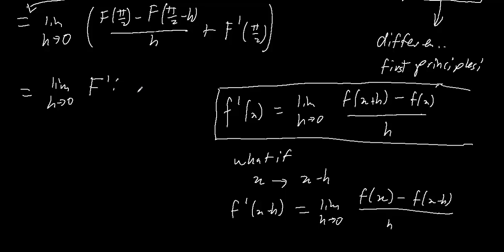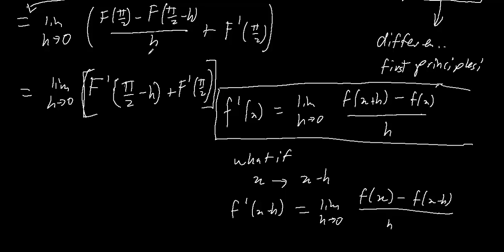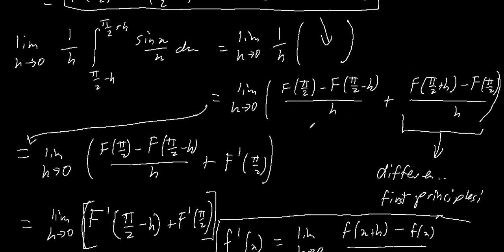Then f of pi on 2 minus h, because now x is just pi on 2 in this way, looking and matching, plus f dash of pi on 2. Sorry, it's a little messy. I can make these square brackets to make it a little more clear to you. And so this is just the same integral that we were working on up above.